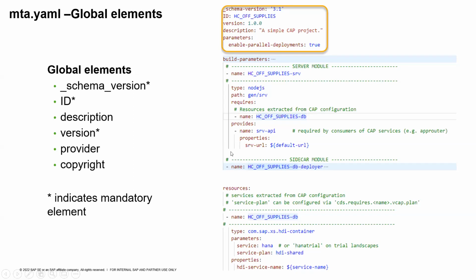Then we have description, which is the optional description text. Then version is again the mandatory version of the application in the same major.minor.patch format. Then we can also specify optionally a provider, which is a string to specify the organization providing the application. We can also add copyright information as an optional copyright property.